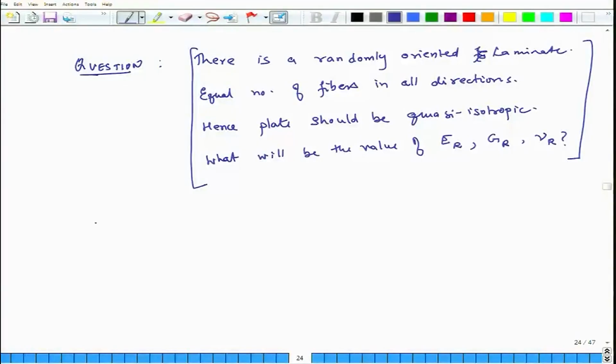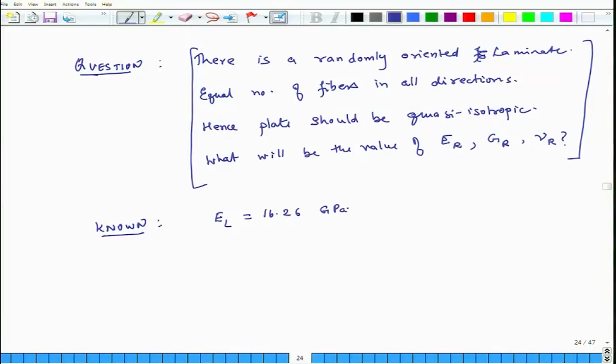So, what is known? Suppose using the same fiber which I am using to make this plate, I make a unidirectional laminate, then for that unidirectional laminate EL is equal to 16.26 GPa.